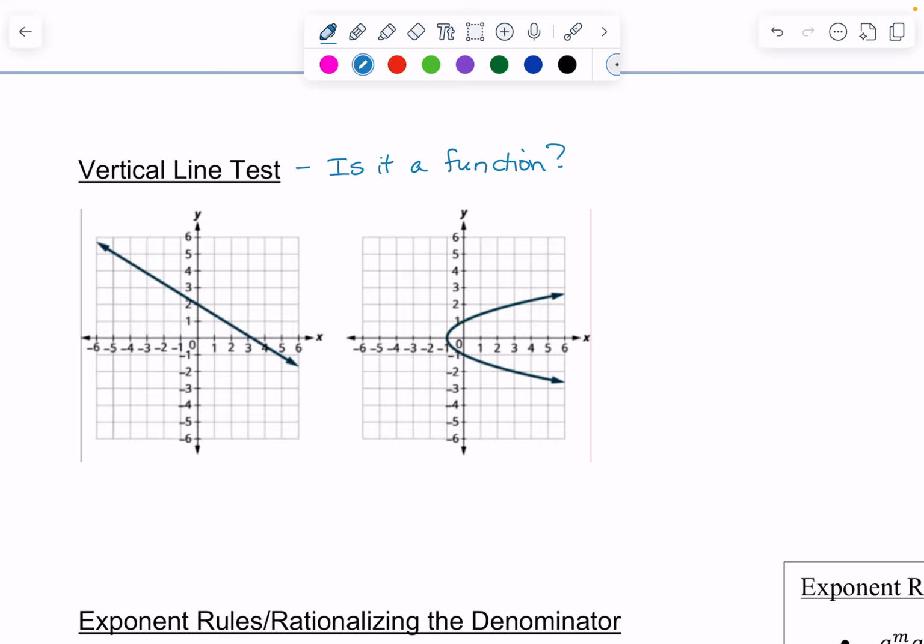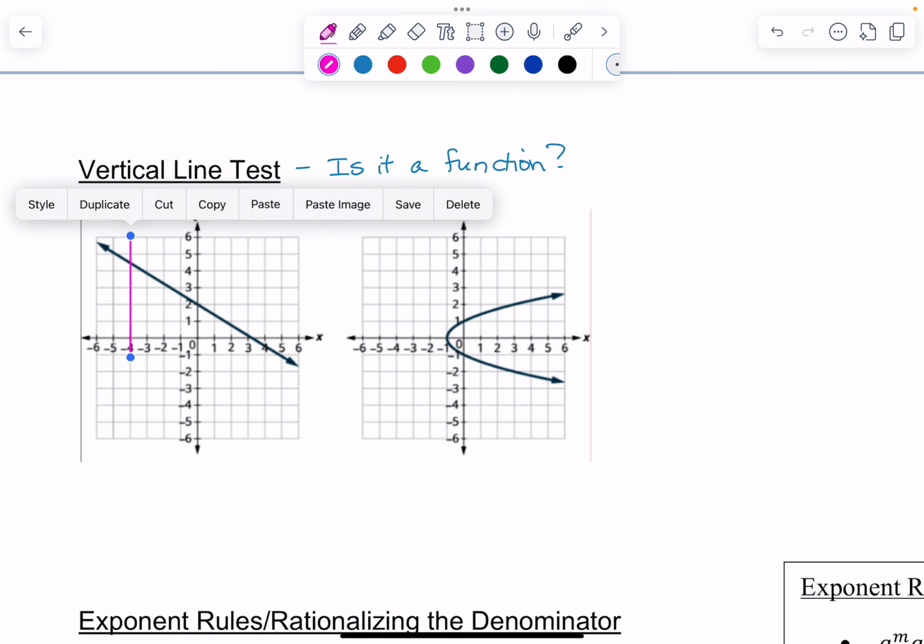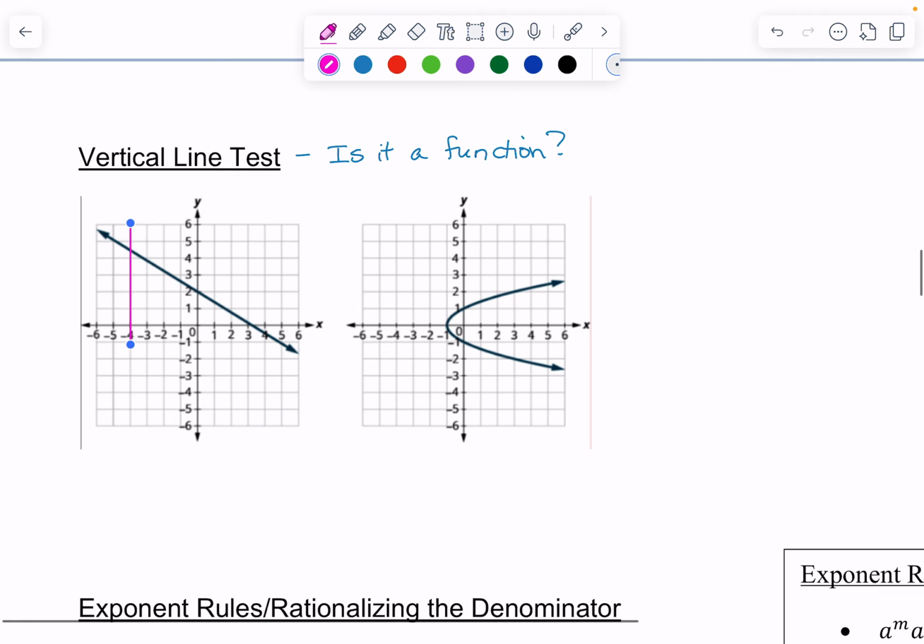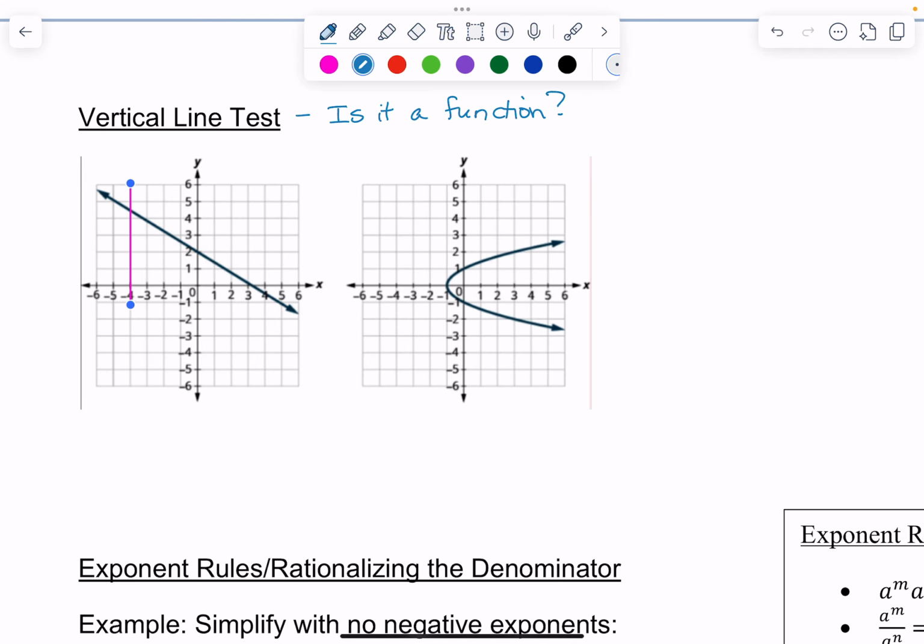So if I look, let's say, let's do it in pink. If I look at this one right here, I draw a vertical line that's up and down. So no matter where I move this to, I'm only crossing that line, is what it really is, once. So this is, yes, it is a function.